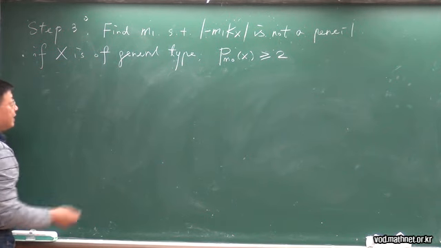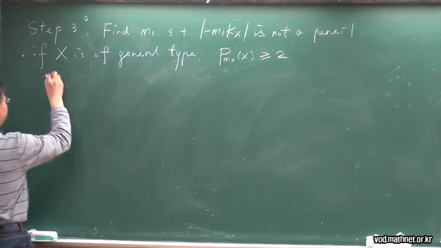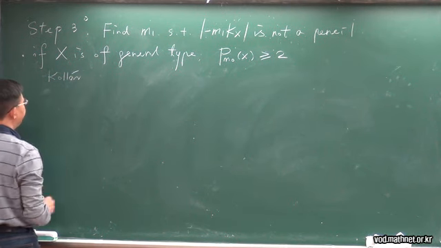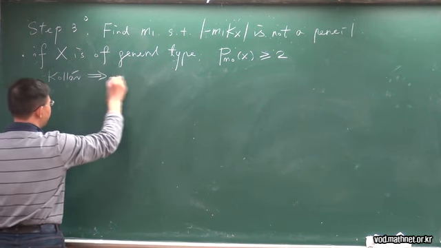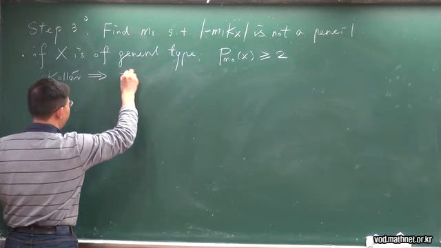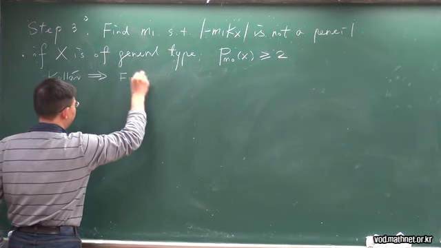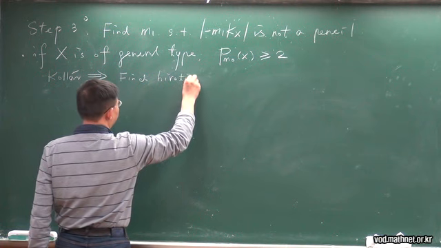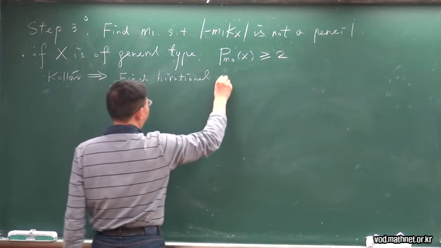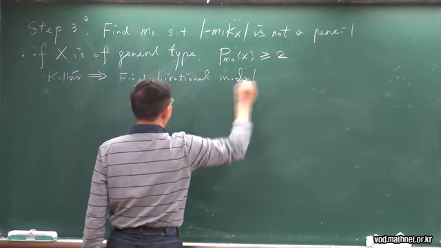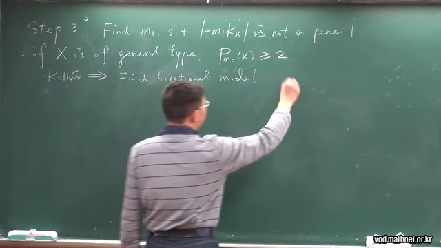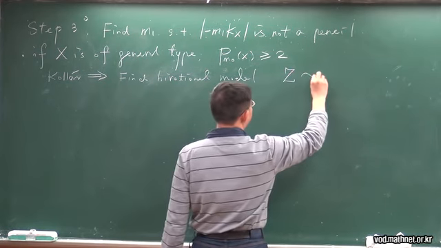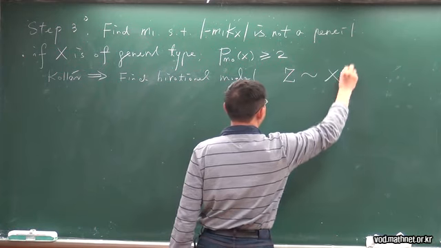And then Kollár says that we can find a birational model, say Z, which is birationally equivalent to X.